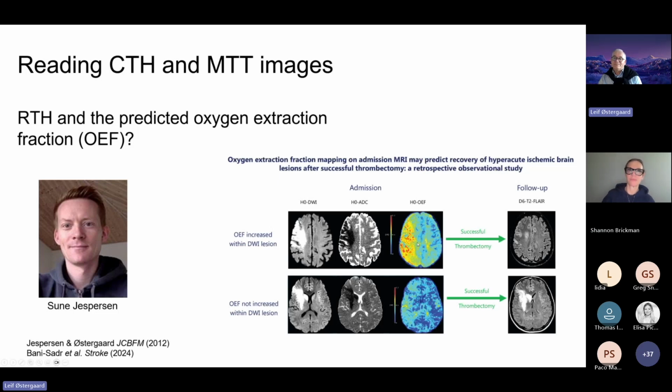But other than that, that would be my recommendation. Start looking at the OEF maps because they're very crisp, or the dull RTH maps that I showed you in the beginning, where it becomes all black, where the problem is in stroke.